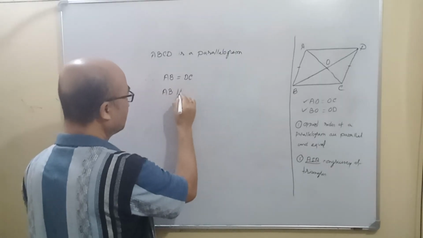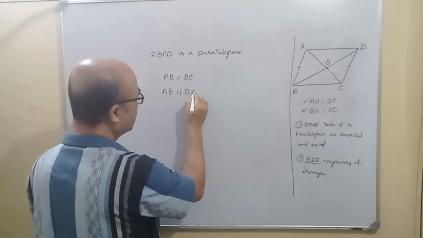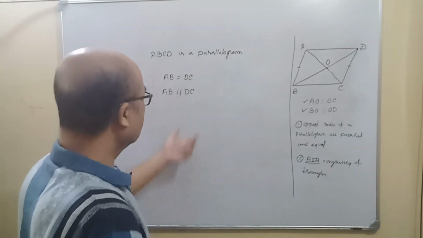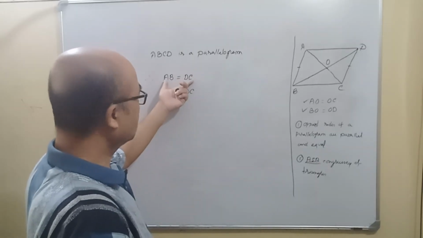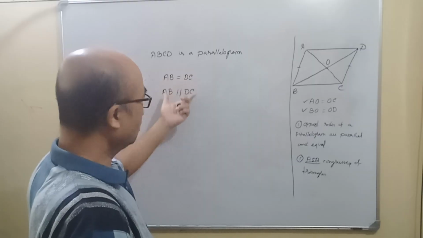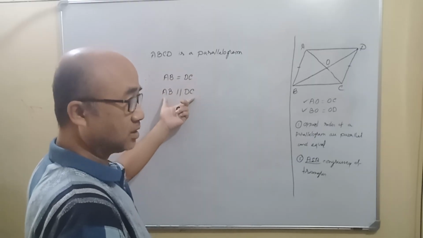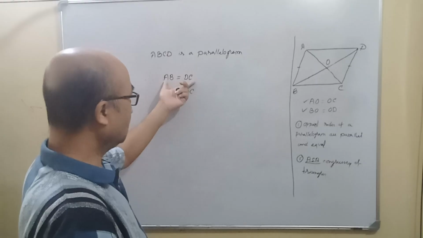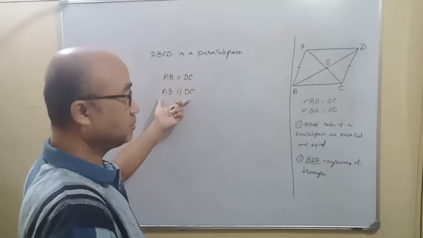AB is parallel to CD. Opposite sides of a parallelogram, they are equal and they are also parallel.